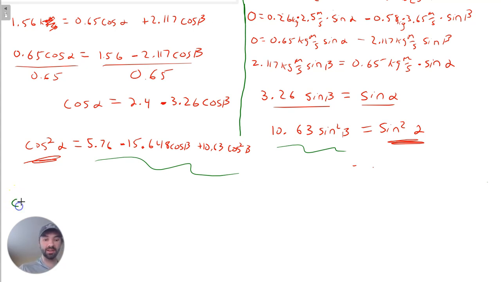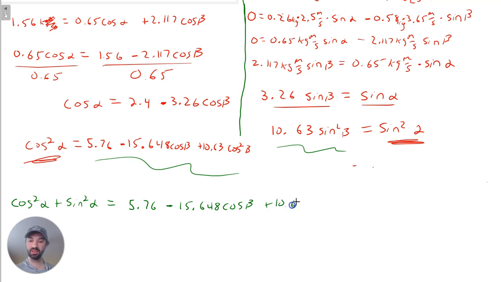So I'm going to say cosine squared alpha plus sine squared alpha is equal to 5.76 minus 15.648 cosine beta plus 10.63 cosine squared beta plus 10.63 sine squared beta.